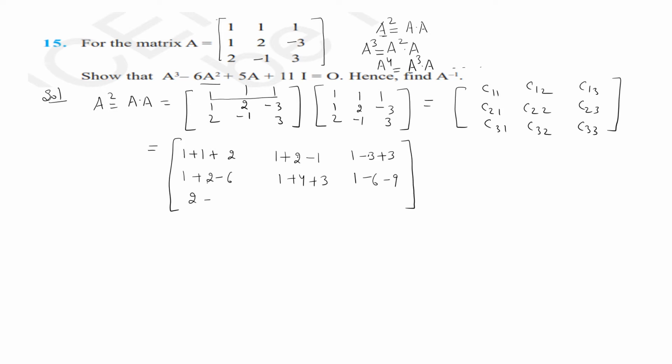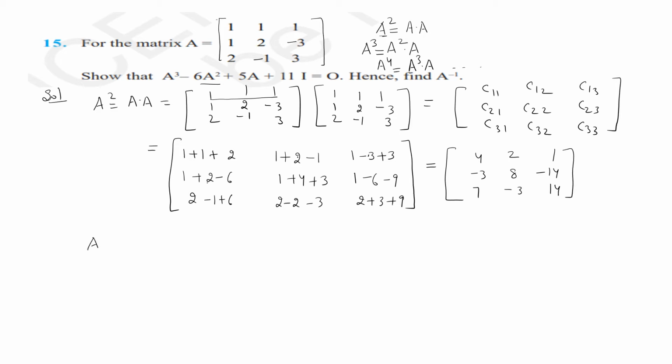This is 2 minus 1 plus 6. This is 2 minus 2 minus 3, and this is 2 plus 3 plus 9. And we get A square as 4 minus 3 7, then 2 8 minus 3, then 1 minus 14 and 14. So this is your A square.